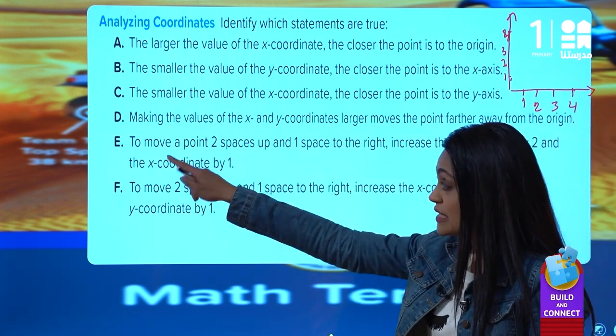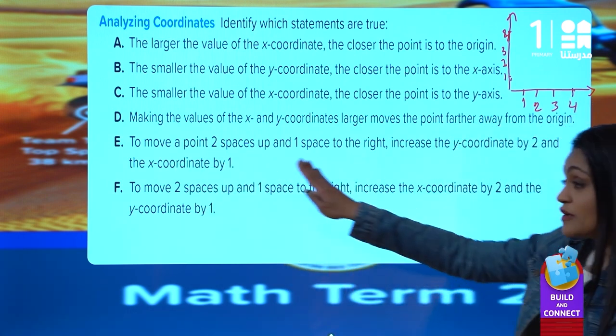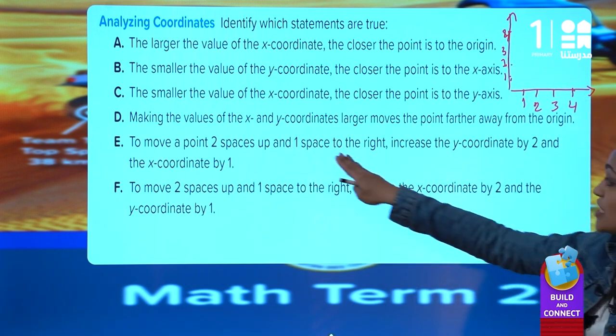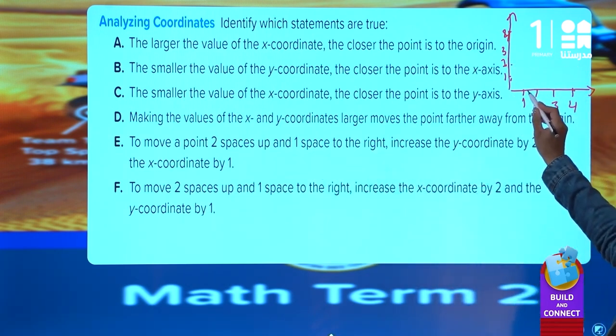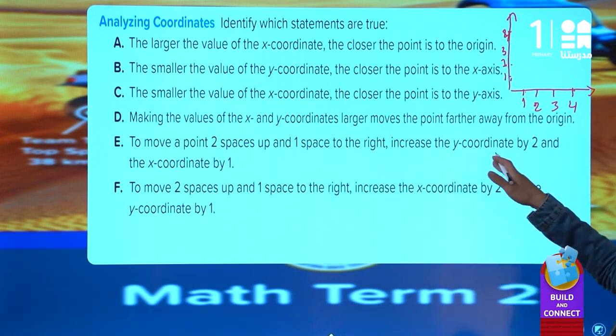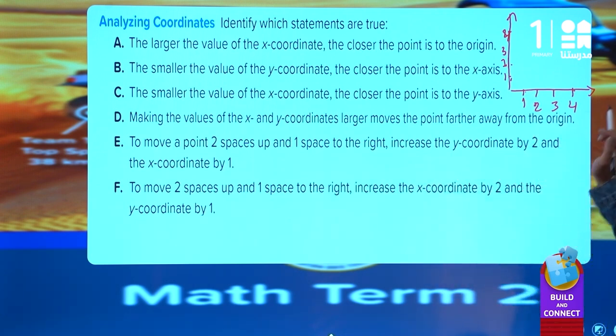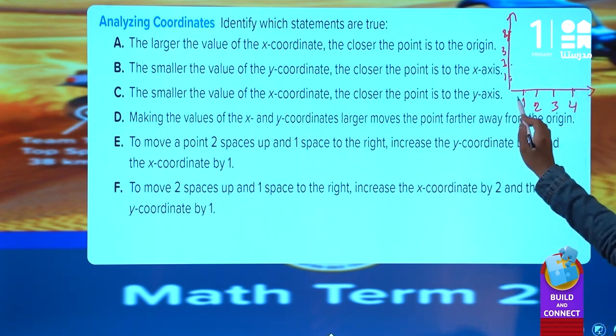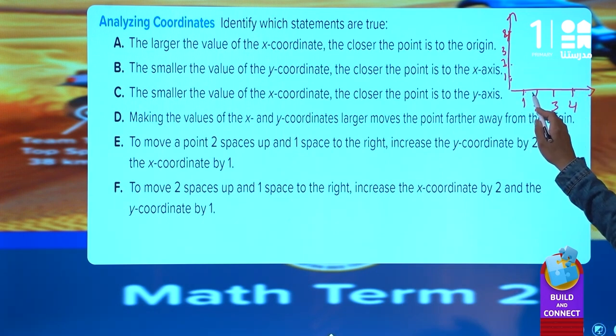Let's see E. To move a point 2 spaces up and 1 space to the right means that we increased the y coordinate by 2 and the x by 1. Yes, exactly. This is correct.